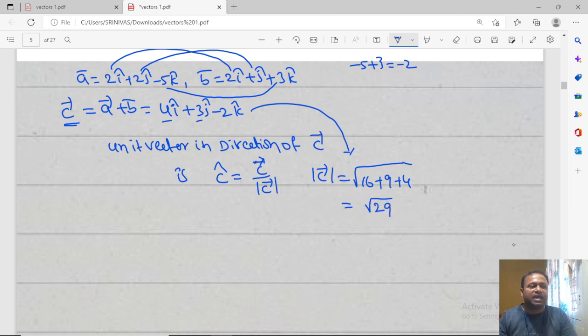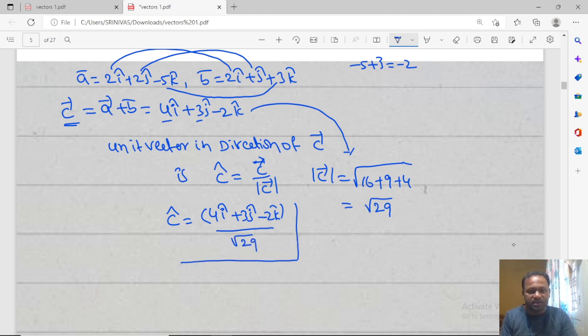Root 29. So the answer will be C cap is equal to 4i cap plus 3j cap minus 2k cap divided by root 29. So this will be the answer. Okay? So you got the answer.